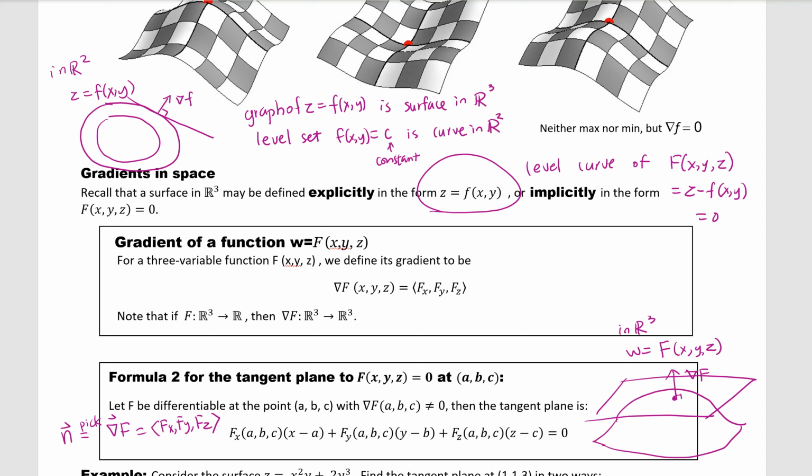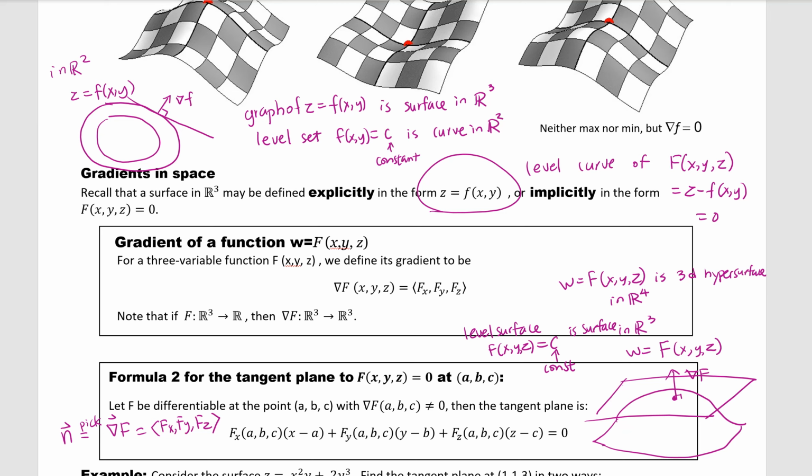Now w equals f of x, y, z has a three-dimensional hypersurface as its graph in R4. Then the level surface, the level set f of x, y, z equals a constant, is a surface in R3.